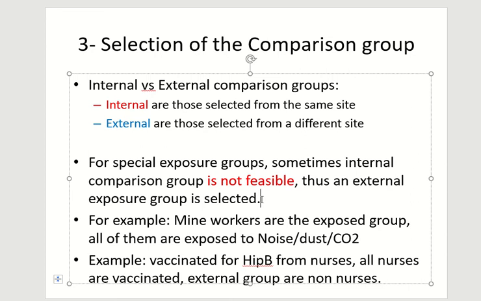Also the example of hepatitis C, I think it should have been B, I don't remember. So if I went to nurses to get my hepatitis vaccinated group, because they are required to be vaccinated, I cannot get an internal comparison group, because there isn't a group of nurses that is not vaccinated, or if there is, they're a very, very small number, and therefore I would need to go and find non-nurses not vaccinated to serve as my comparison group.